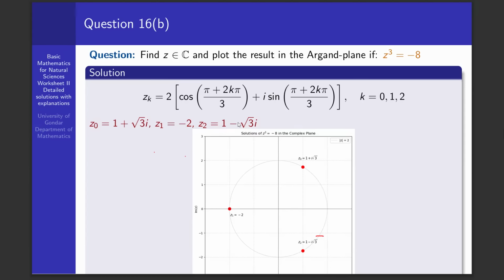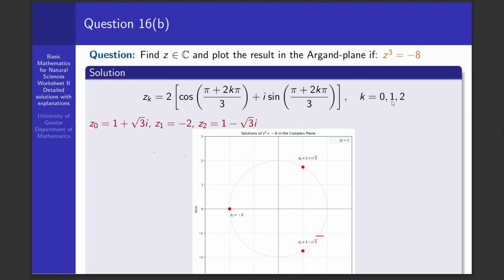And this could be, that is cosine of pi plus 2 pi over 3 is -1, and -1 times 2 could be -2, but sine of pi plus 2 pi over 3 is already 0, so that it is real, it becomes -2.